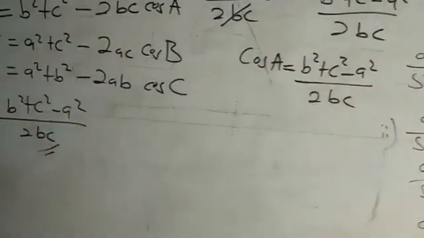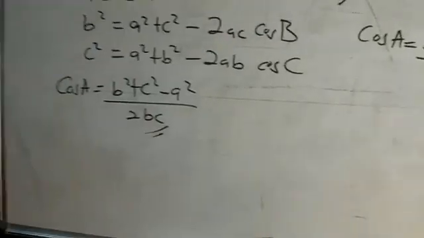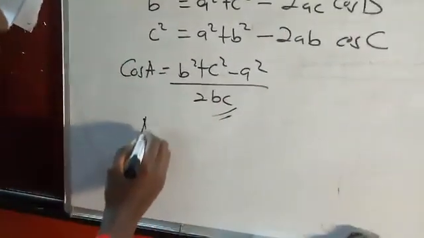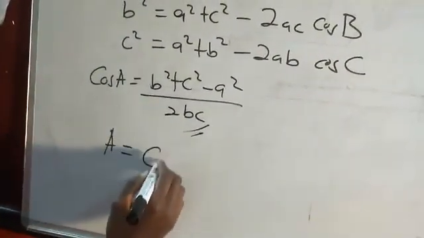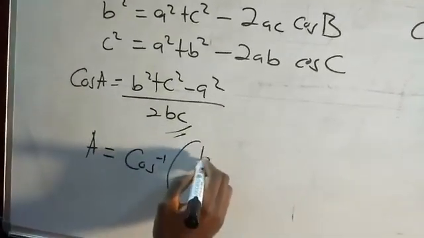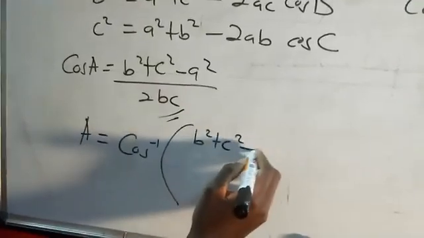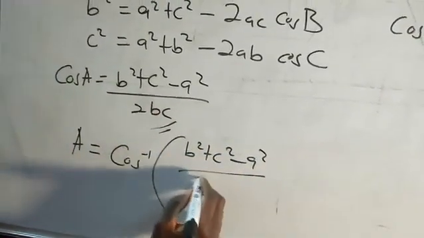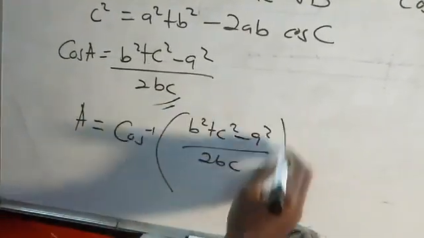The same here. Getting A alone is cos inverse of, in brackets, b squared plus c squared minus a squared over 2bc.